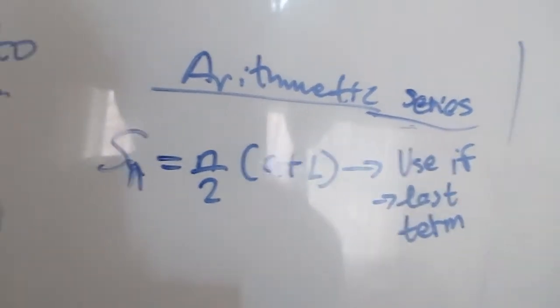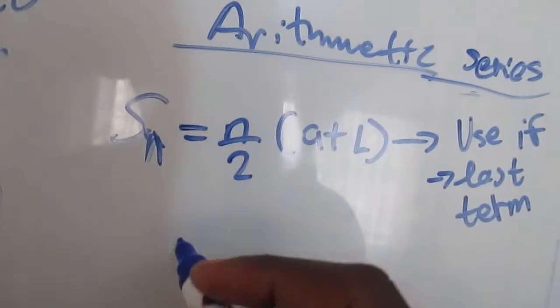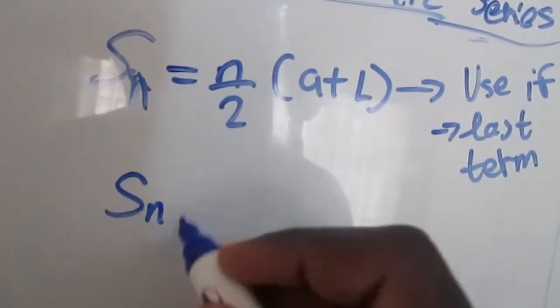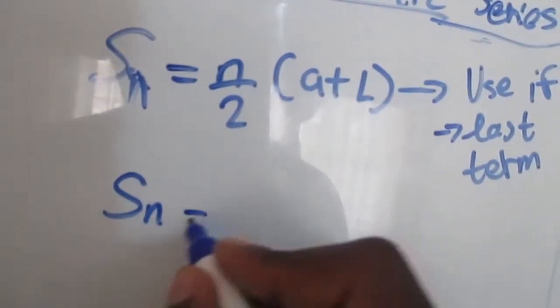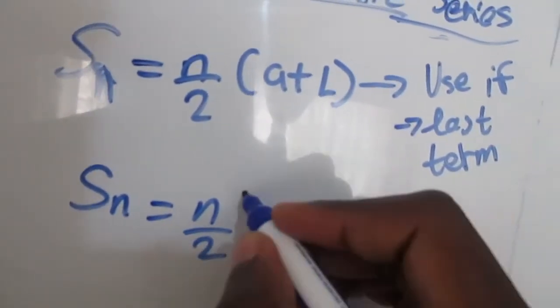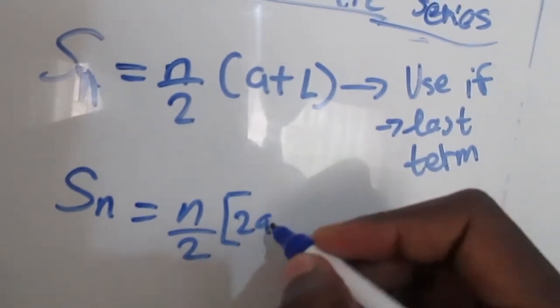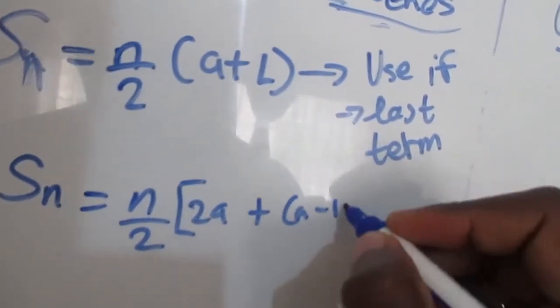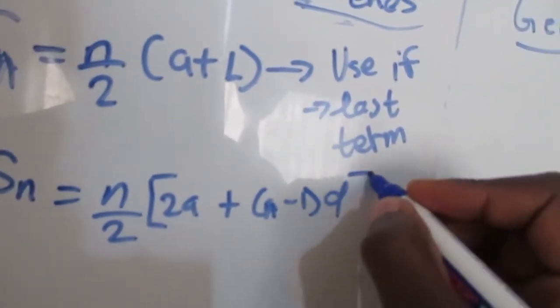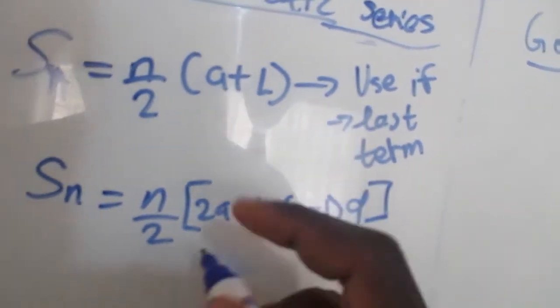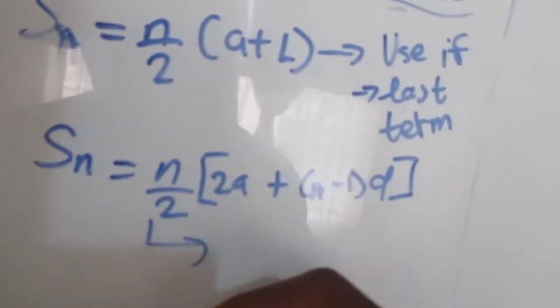And the second equation associated with an arithmetic series is Sn equals n divided by 2 multiplied by (2a plus (n minus 1)d). And this is if you don't know the last term.